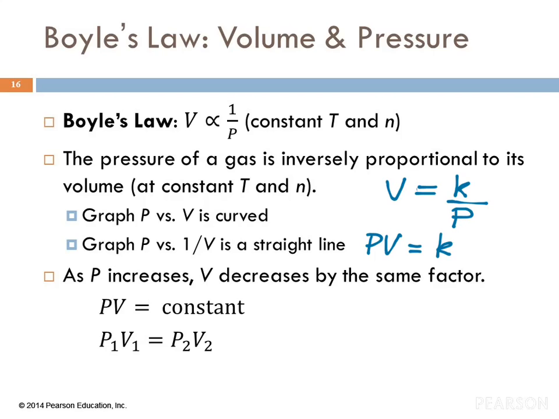Well, if the constant is constant, which most constants are constant, then under one set of conditions, pressure times volume equals this constant, pressure 1 and volume 1. Then under a different set of pressure and volume, it must equal the same constant. And so we get this relationship right here, and this is what we refer to as Boyle's law.